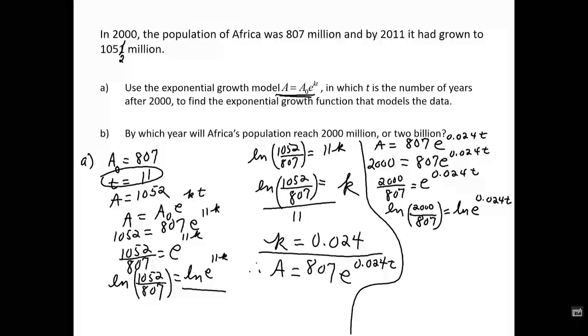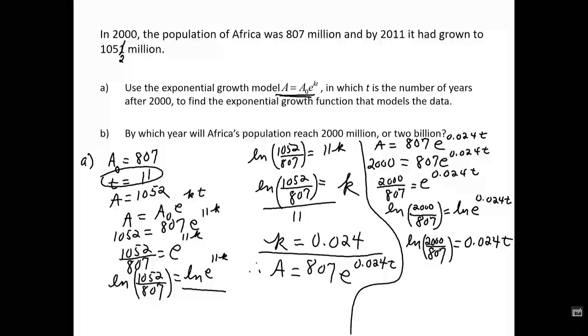All right? So we have the natural log of 2,000 divided by 807. All right, the natural log of e raised to the 0.024 t power is going to be just the exponent, 0.024 t.